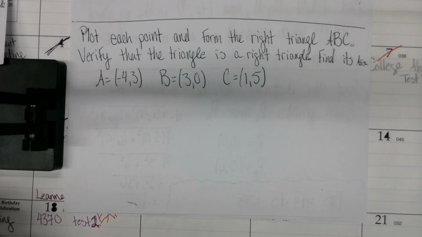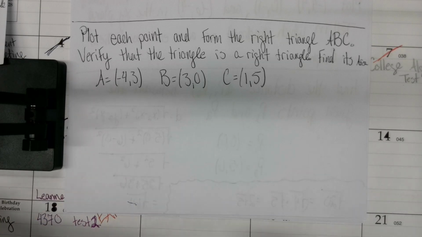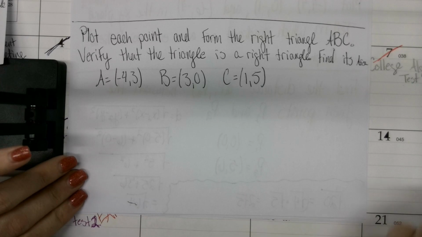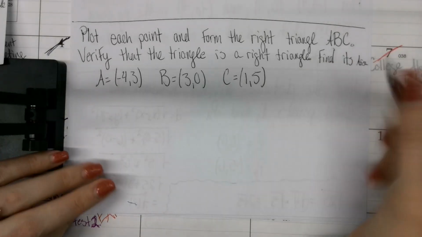Okay, so on this problem, I want you to plot these points first and then go from there. But when you're on My Math Lab, it's just match it up.